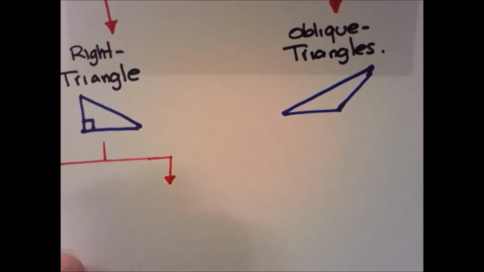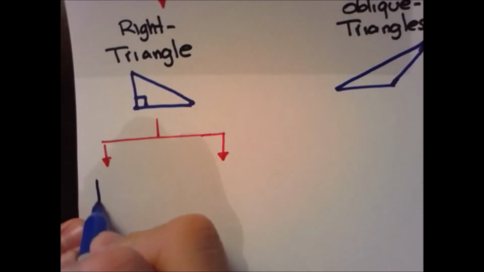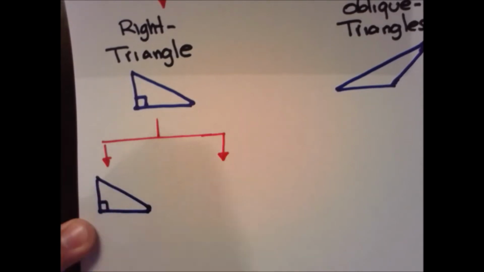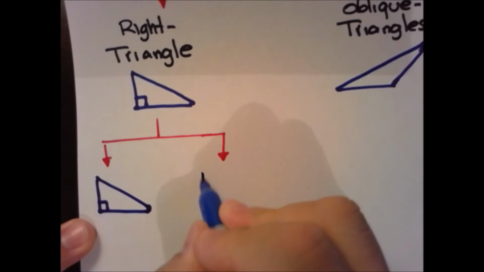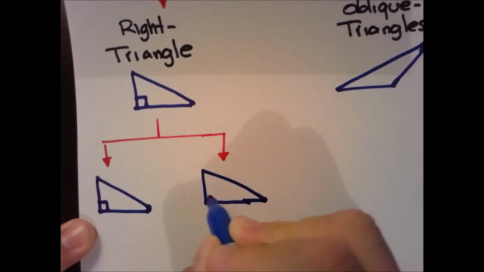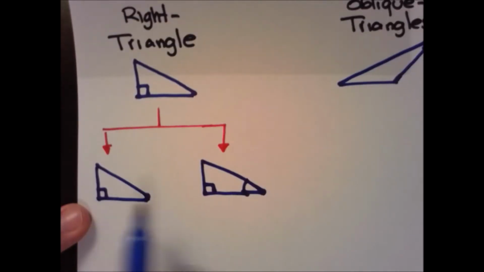Look at this. Let me show you, I'm going to draw a right triangle, and here I'm going to draw another right triangle, and I'm just going to make one difference. Can you see it? What is the difference between this and this?